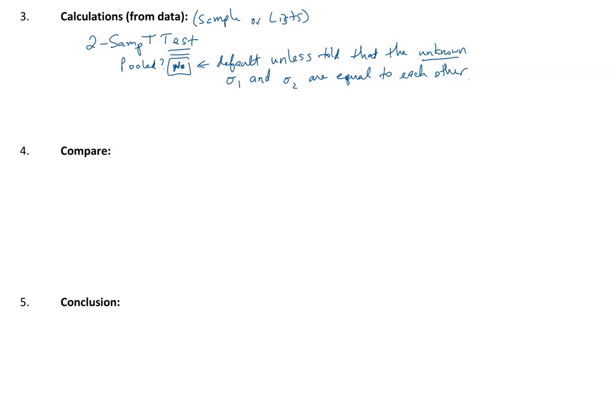All right, and then we get out of this the test statistic, which you are going to continue to label very, very clearly. Use your words, test statistic t, and then the p-value, plus the degrees of freedom if you want to use it.